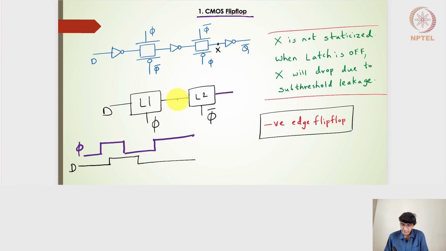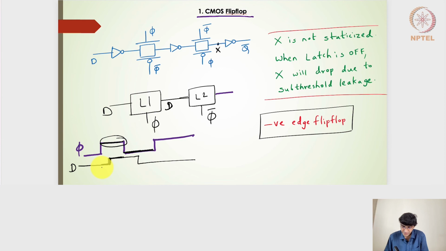This D is going to pass to the output of latch L1 during the high level of the clock. So during this particular level of the clock, whatever D is here will get passed to the output of latch 1, and it has to wait for latch 2 to become active, and latch 2 will become active only during the negative level of the clock.